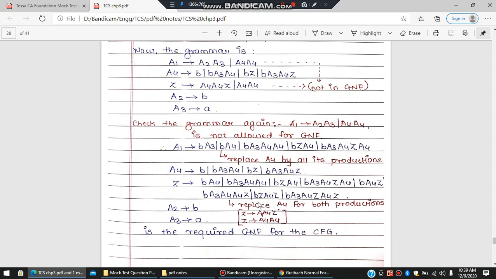So if you see, replacing A4 for both the productions, that is, A4 A4 occurs twice, we substituted it both times.